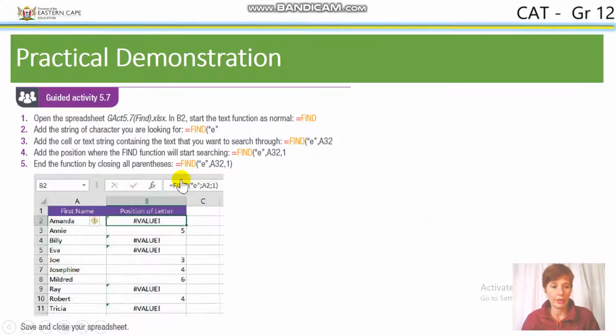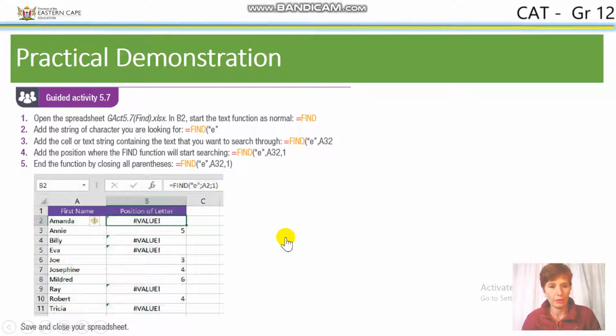Okay, so here's another practical example. We're going to open the spreadsheet 5.7 and in B2, this is B2, we're going to start the text function, so equals find, and then we're going to look for the E, and see if there's an E, and add the cell that we're referring to, and then we will explore some here on the side, see if there are E's.